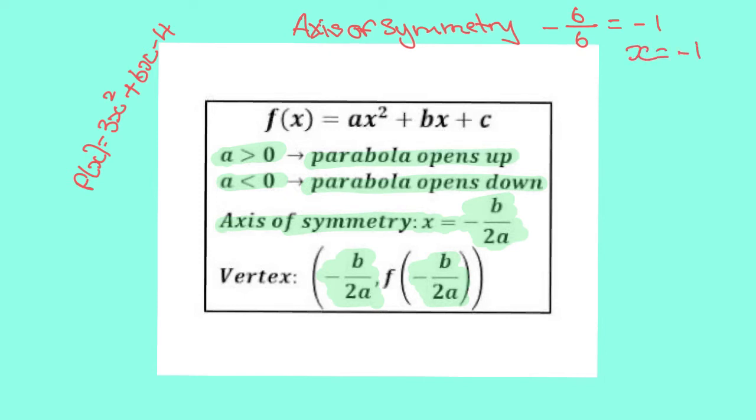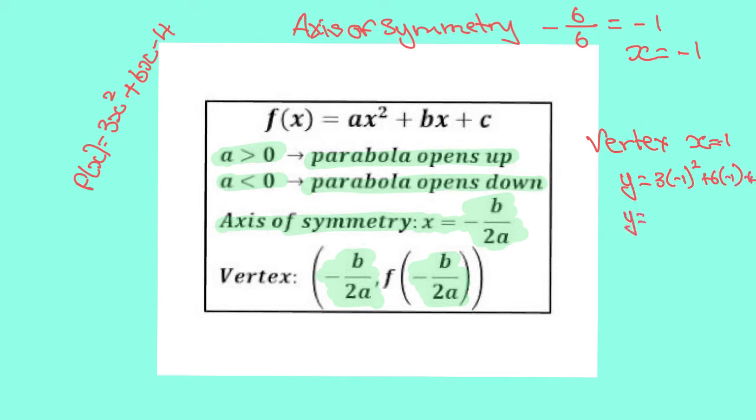The vertex is at x equals minus 1 and y equals, put minus 1 into the equation, so it is 3 times minus 1 squared plus 6 times minus 1 minus 4.